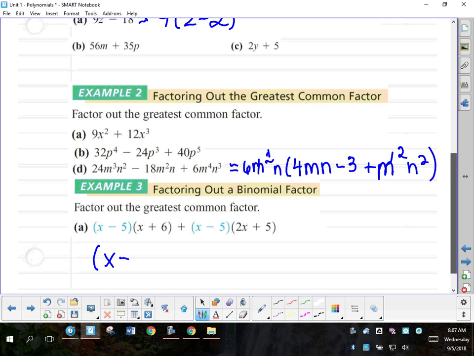I write out an X minus 5, and now in parentheses, I have to list out everything that's left when I take that X minus 5 and divide it out, or undistribute it. Who can tell me what I would have left if I undistributed? I don't need you to do any simplifying. I just need you to undistribute. X plus 6, and then plus, on the other side, 2x plus 5.